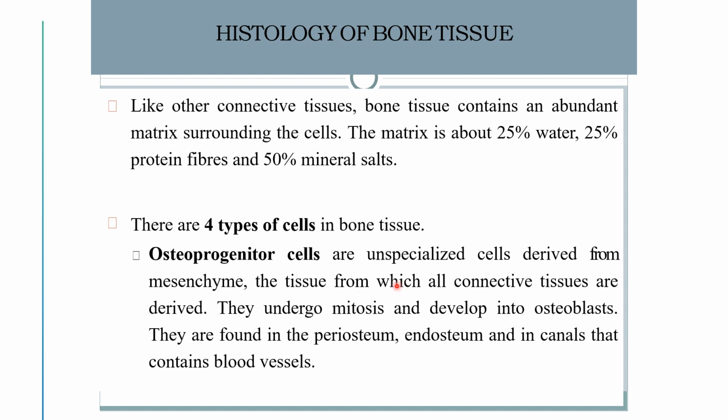These are unspecialized cells derived from mesenchyme, the tissue from which all the connective tissues are derived. They undergo mitosis and develop into osteoblasts. They are found in the periosteum, endosteum, and in canals that contain blood vessels. So these are the before cells. Pro means before. For any type of cell, if the word pro comes, it means before.